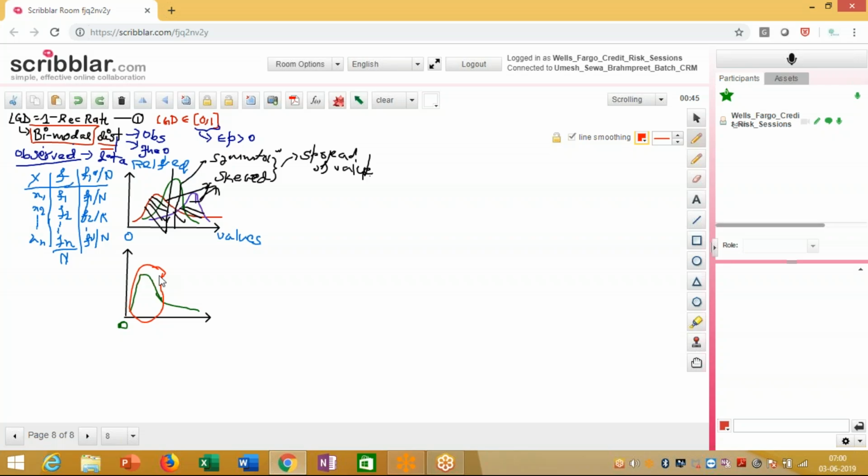On the other hand, if you look towards the tail ends, you see that the probability of these losses to occur is very low, but the exposure is very huge.